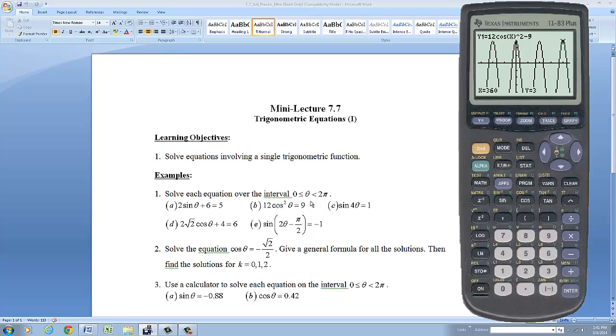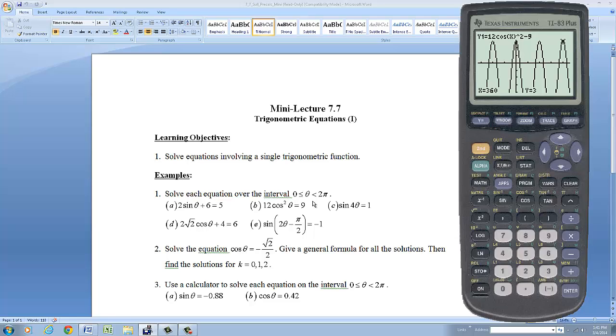Now they want the answers in radians, so all you would do is multiply each of those by pi over 180, and reduce those, and you should get pi over 6, 5 pi over 6, 7 pi over 6, and 11 pi over 6, respectively.